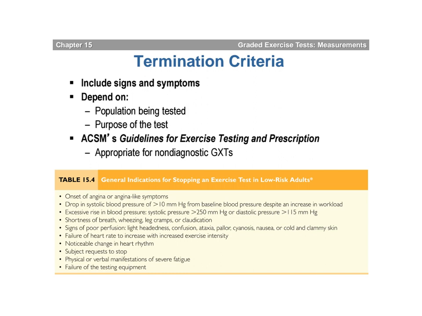So the American College of Sports Medicine, ACSM, has guidelines for exercise testing and prescription, so they would certainly be the ones to turn to look for that. But here are some general indications for stopping exercise in low-risk adults, okay?